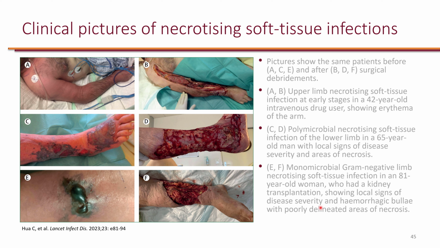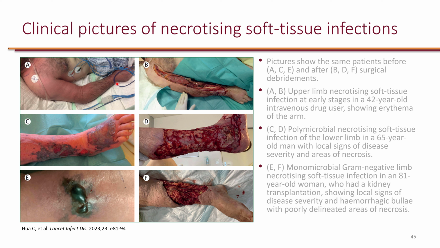To display the severity of necrotizing soft tissue infection, let's take a look at a few pictures. So there are 3 patients here. Panels A, C, and E are 3 different patients, and they're showing you before and after surgical debridement. Although when you look at panel A, it may not seem like a serious infection, this is something that unfolds very quickly.